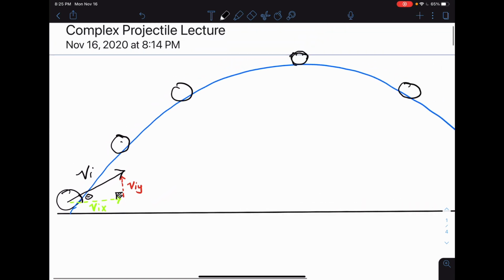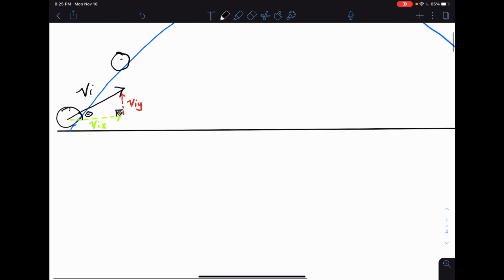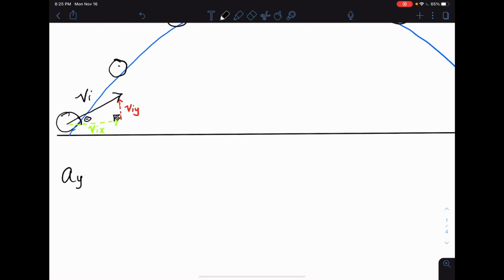But there is an acceleration in the y direction. And we know that that acceleration in the y direction is AY, it's equal to G. If down is negative, then we would say negative G, right? Assuming down is negative. So I can make a note of that. Down is negative, up is positive.